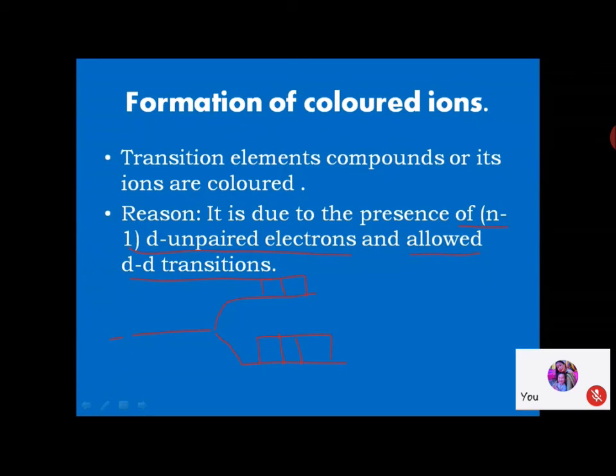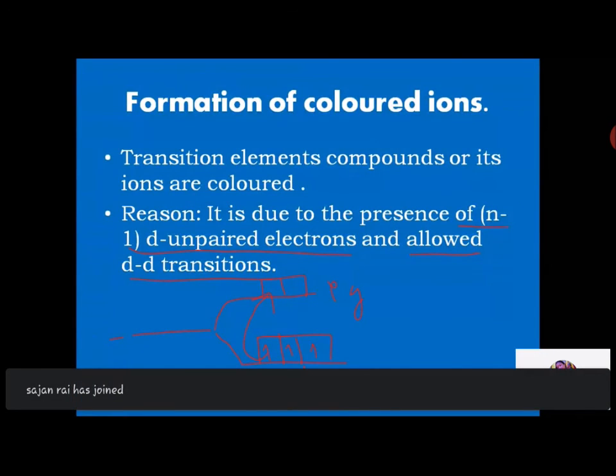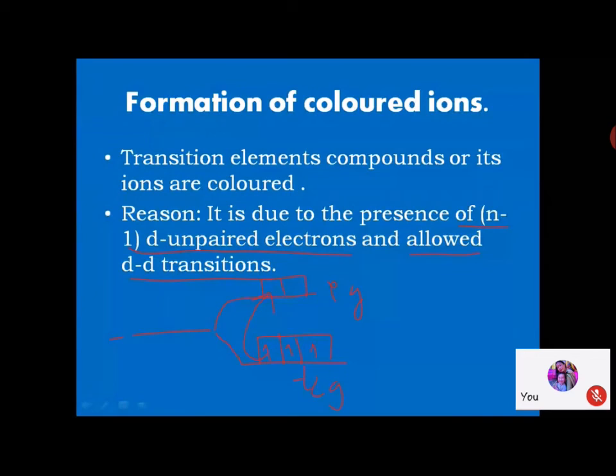There is a t2g level and an eg level. Now there is a gap. So a transition can happen from t2g, after absorbing energy from the visible region, exciting to the higher eg state. The electrons jump from t2g to eg or eg to t2g. So this is what we call d-d transition.